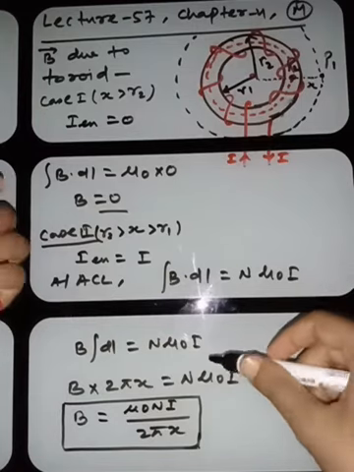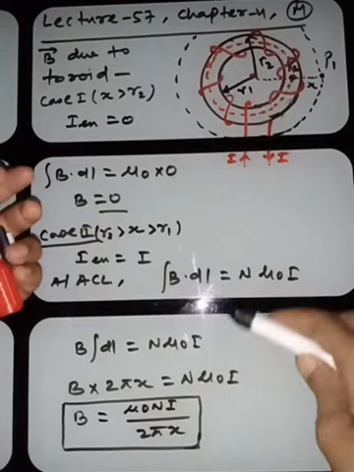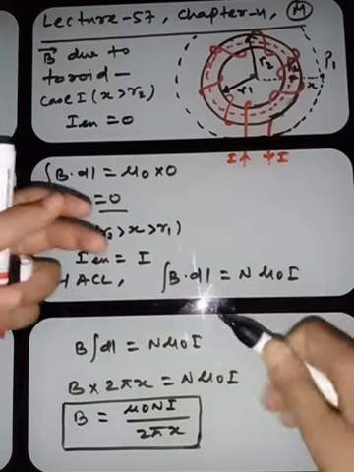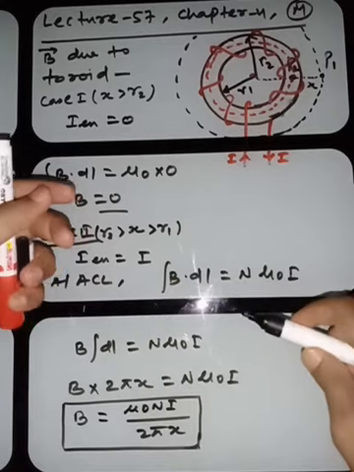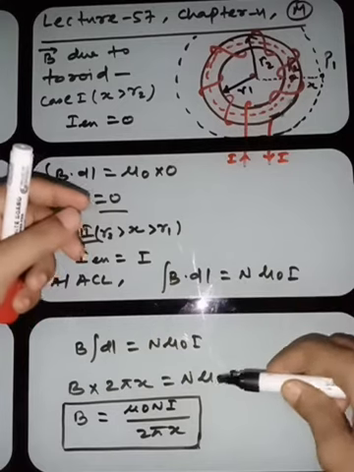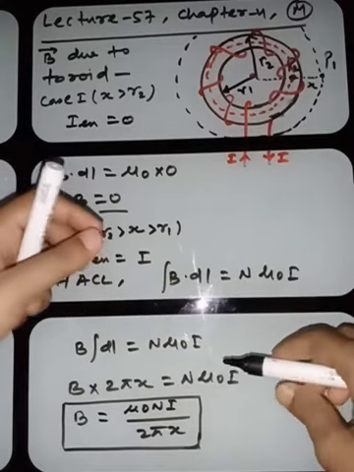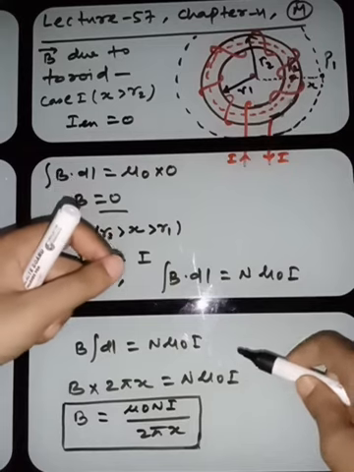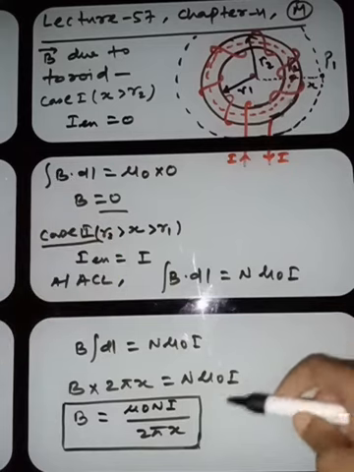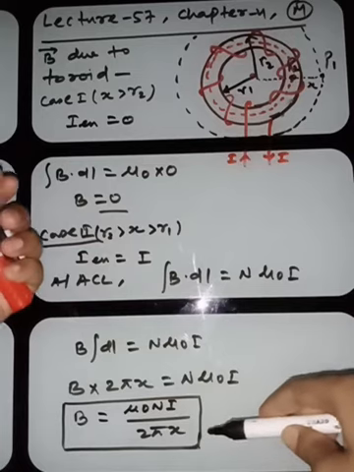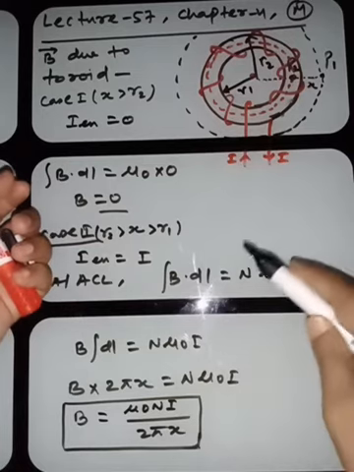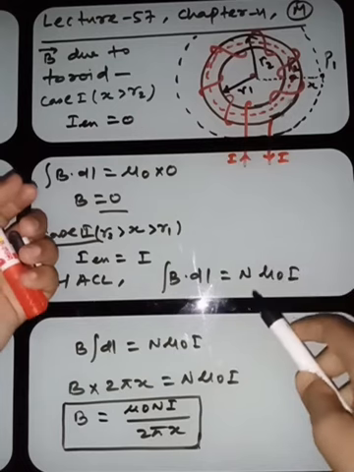Remember, students, the net current passing through inside was I, and we have taken n as the number of turns. So this is the condition, and here x is the observation length. You can see this x is the observation length from the center.